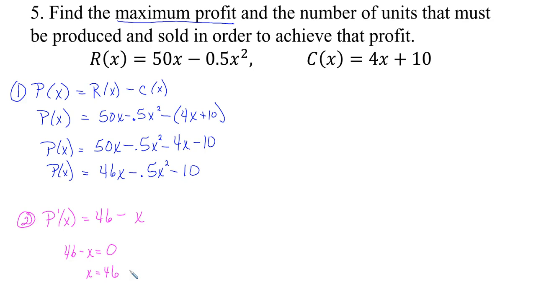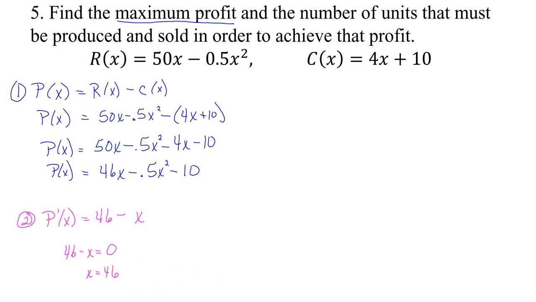Typically in these profit, revenue, and cost functions, x is going to be a positive number because it's not usually a good business practice to try to sell negative numbers of units, and people don't typically buy negative numbers of units. So most of these values are going to be positive.